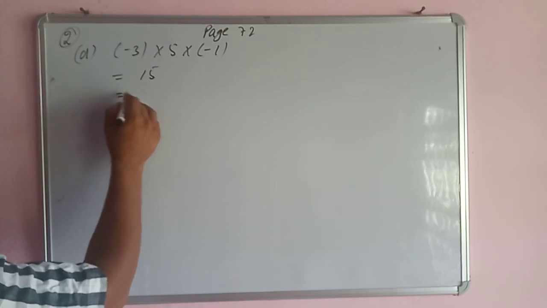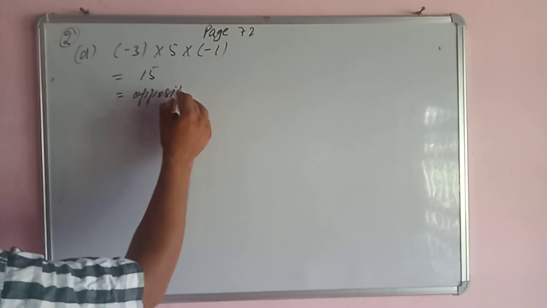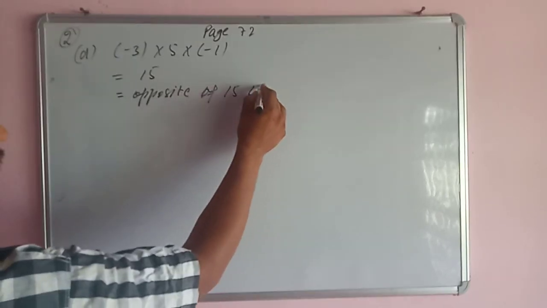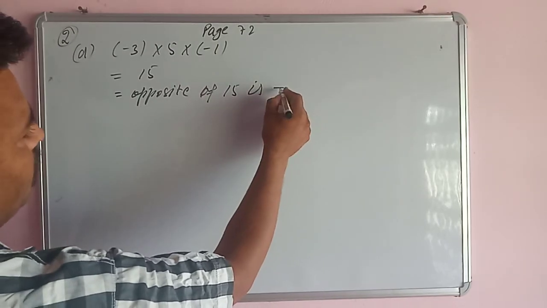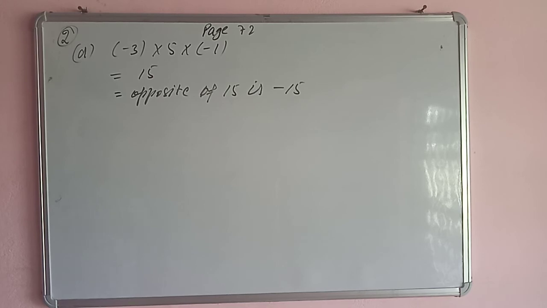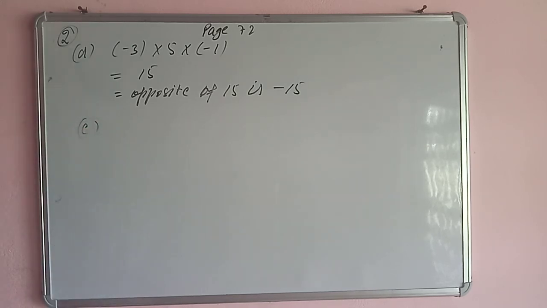What is the opposite of 15? The opposite, the reverse of 15, is minus 15. And in part E, find the sum of the greatest negative integer and the smallest positive integer.